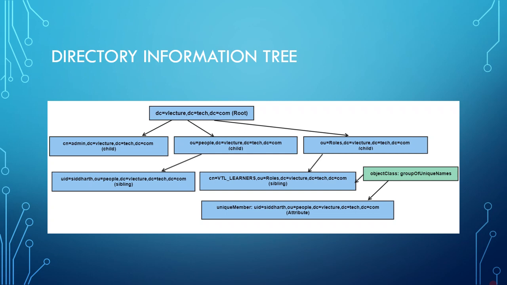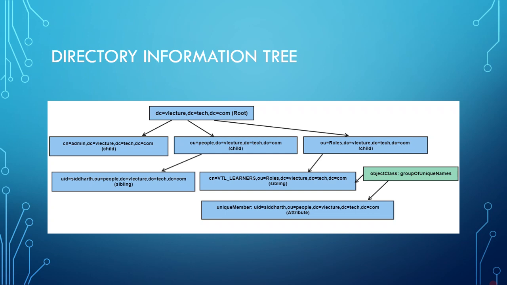And let's come back to the role entry starting with OU equal to roles. Here we have created a child for the OU roles entry, which is uniquely identified by a DN starting with CN equal to VTL underscore learner. To this role, VTL underscore learner, we are associating a member. That member should be unique.